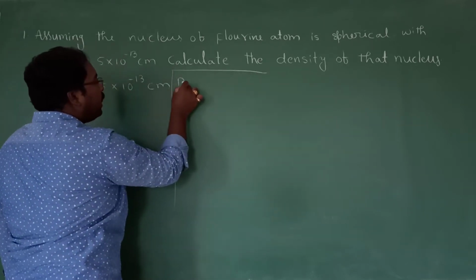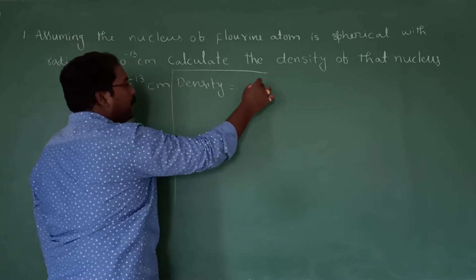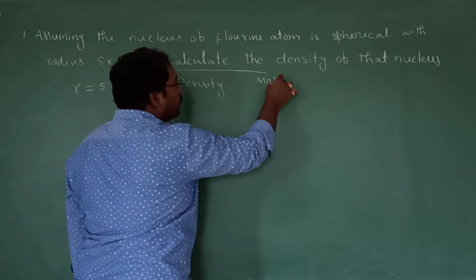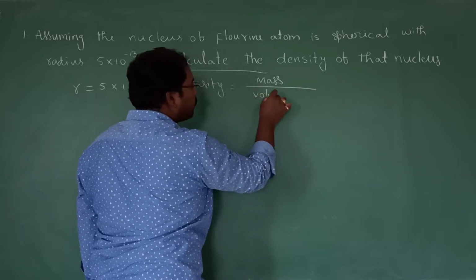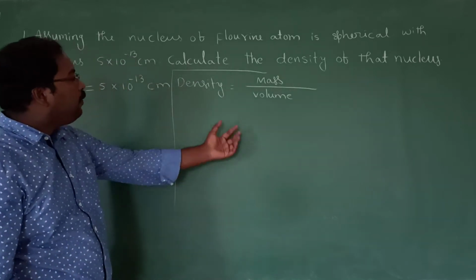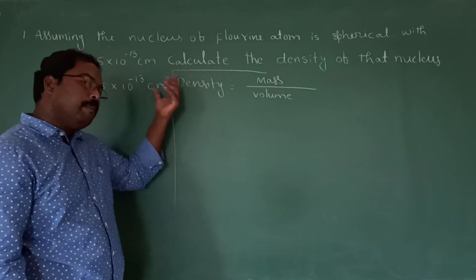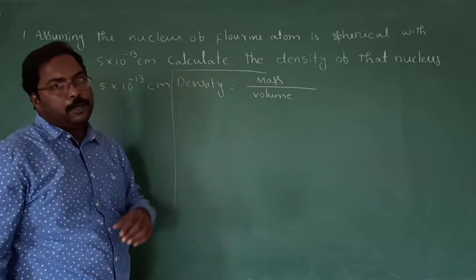How to calculate the density? As we all know, density is nothing but mass by volume. So density of the nucleus is mass of the nucleus divided by volume of the nucleus.